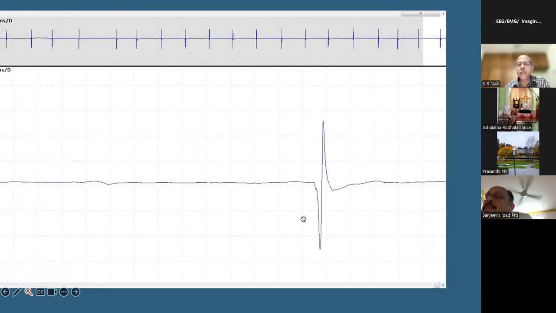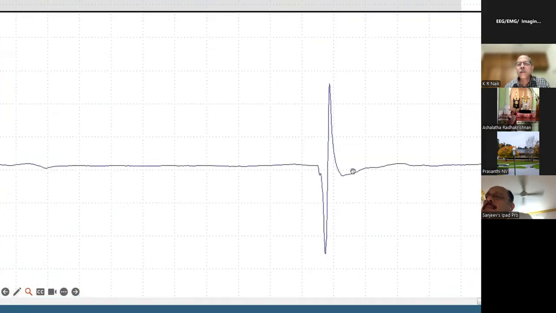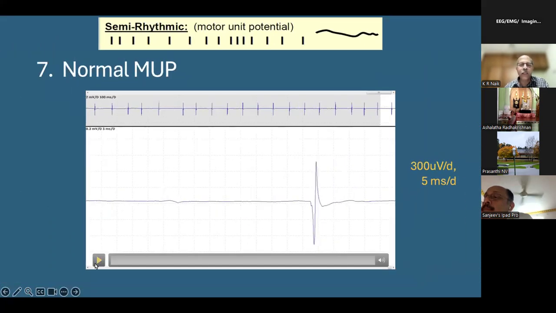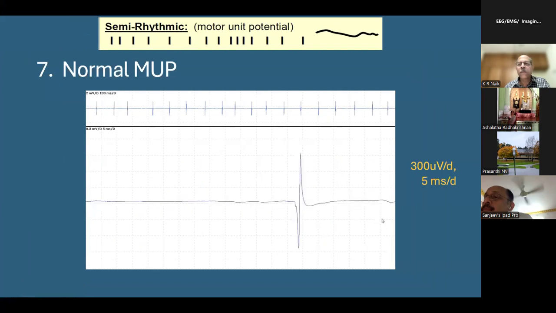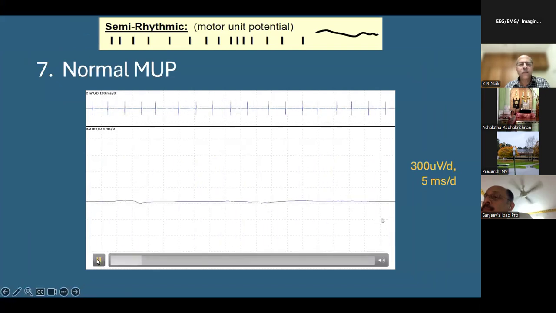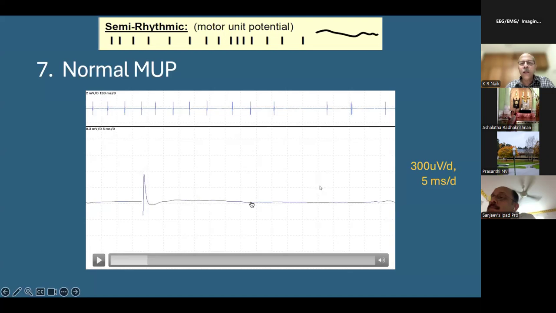So if you see this, 5 milliseconds here, then around 3 milliseconds here. So 8 milliseconds is the duration. We'll see the firing rate. In this 100 milliseconds by 20 divisions, this is occurring not more than once.